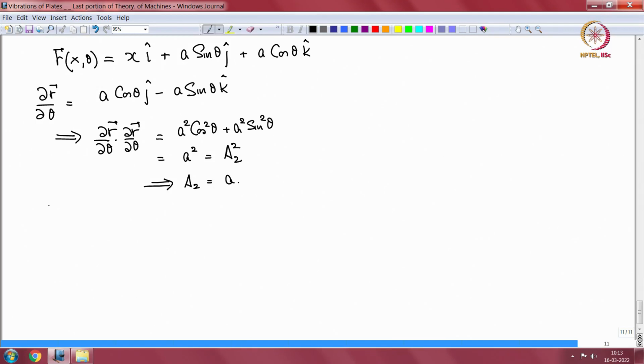So my length element is dx square plus a square d theta square. Okay, so here is A1 square, and this is A2 square. So what are these A1s and A2s doing? What is the role of A1 and A2?